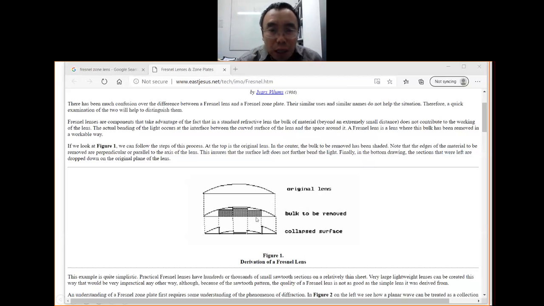For example, this one may be 10 lambda, this is 11 lambda, and this is 10 lambda, then another one is 9 lambda. We remove an integer number of wavelengths, n lambda. Then the light focusing will be the same, because when light goes through n lambda, the phase will be the same. This is the idea of this fractional zone lens.